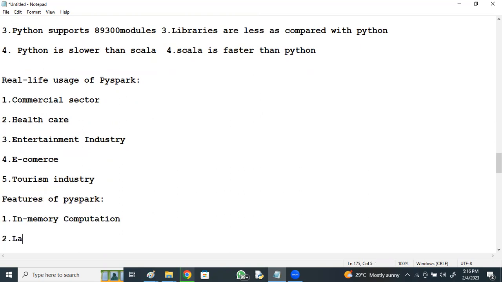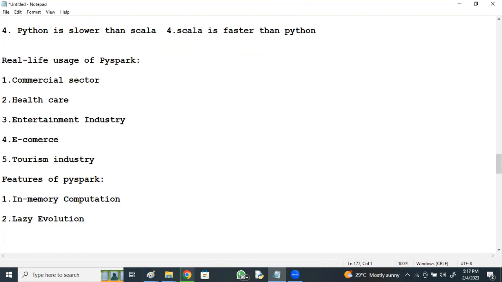Lazy evaluation. Lazy evaluation and eager evaluation: eager means whenever something is defined or declared, it is executed immediately. Lazy evaluation is on-demand execution.